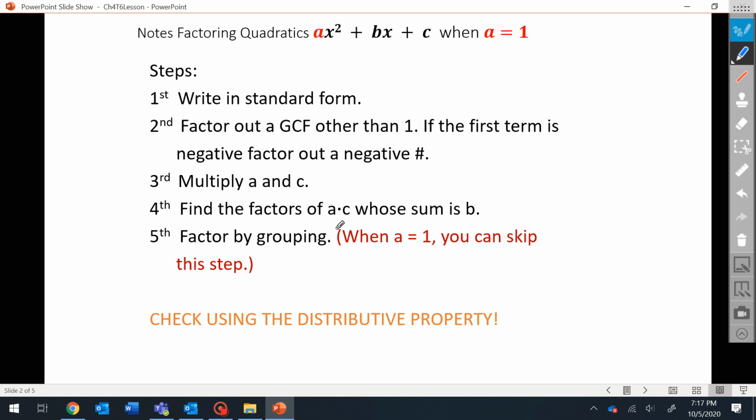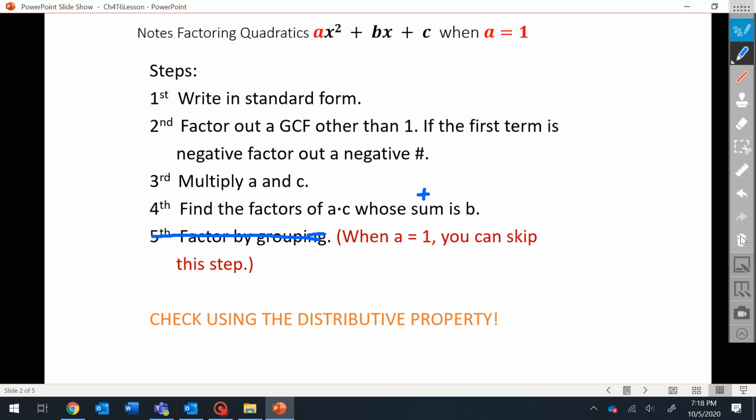Then you find the factors of a times c whose sum is b. We're skipping the fifth step because we're not factoring by grouping, since a is 1. Then we check with the distributive property to check our answer.